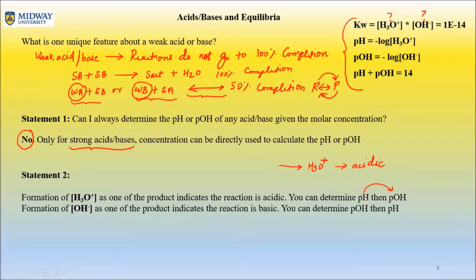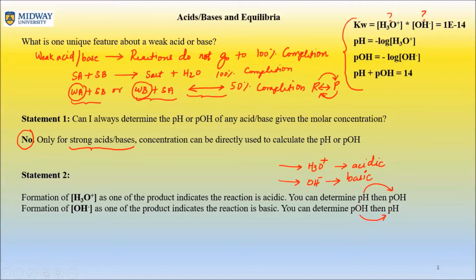The reverse is not possible if your reaction is acidic. Similarly, if one of your products is OH-, that means the reaction is basic. That means you would have to first determine pOH and then pH. The reverse is not possible. You cannot determine pH directly for this. Using the formulas you can, but I would say that it's a little confusing. So I'd rather have you find one and then use 14 to get the other, all right?